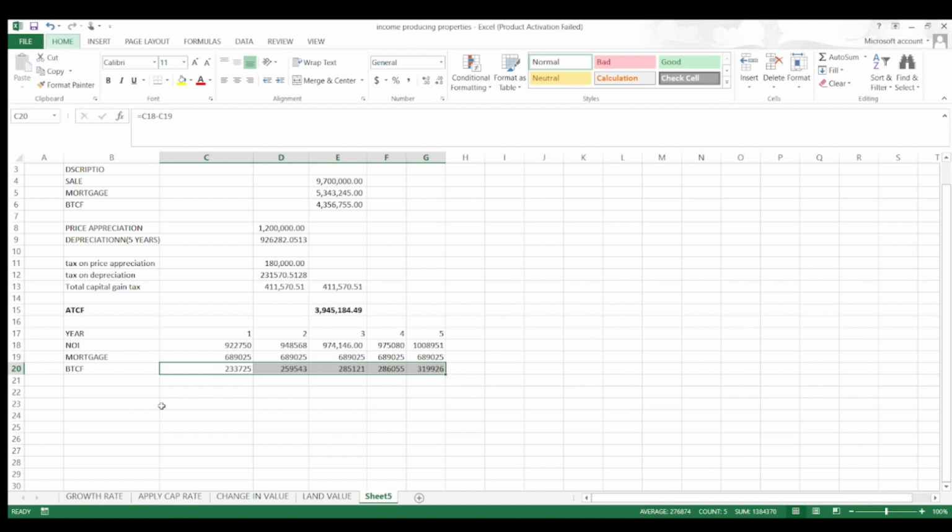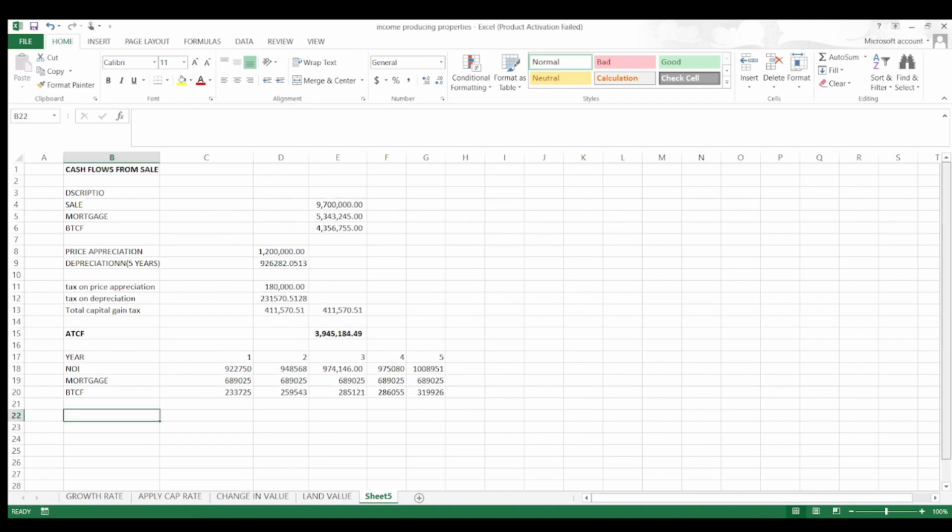Now let us proceed and look at the after tax cash flows from operation. For this case, we had our cash flows from sale.